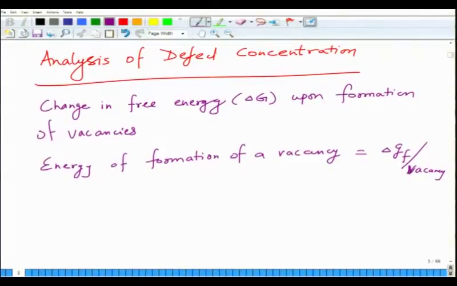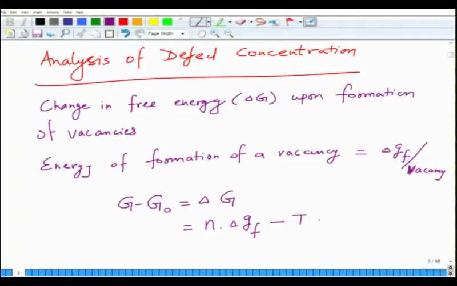Now, the corresponding change in the free energy is G minus G naught, where G naught is the equilibrium free energy when you did not have any vacancy. This change, delta G, is equal to delta H minus T delta S. Delta H is the number of vacancies multiplied by the enthalpy of formation of vacancies, delta Gf.